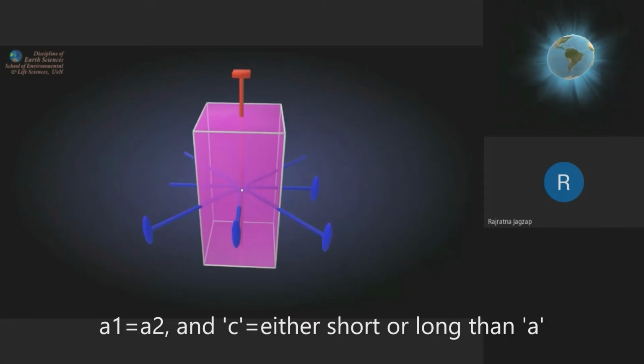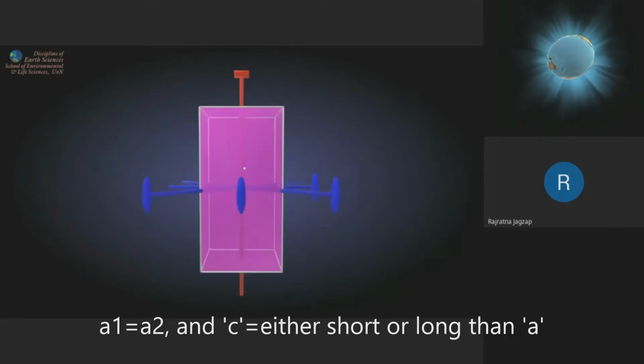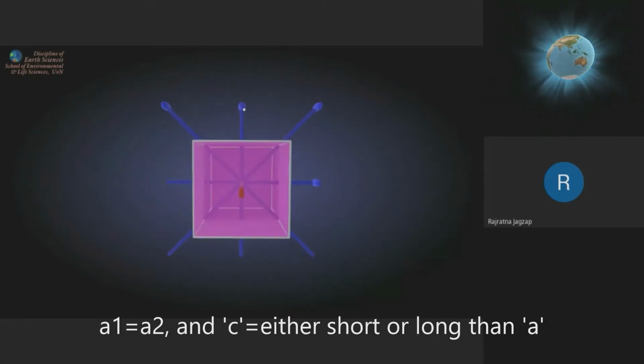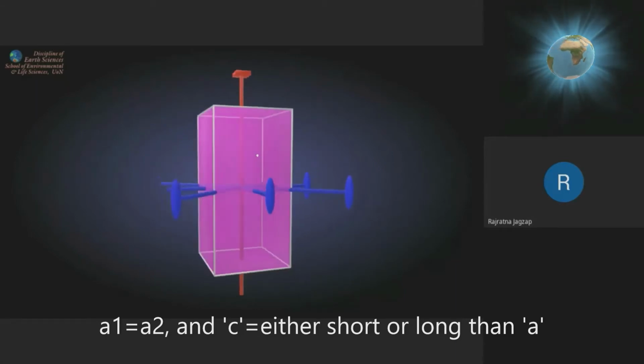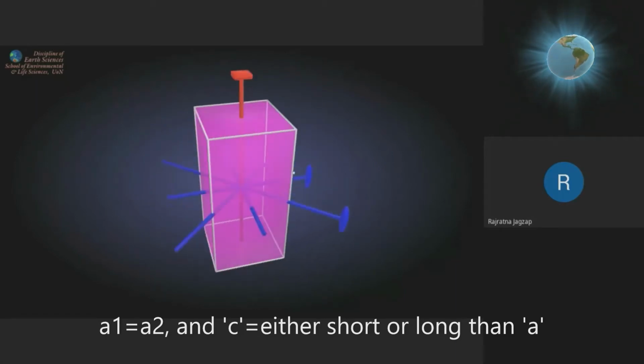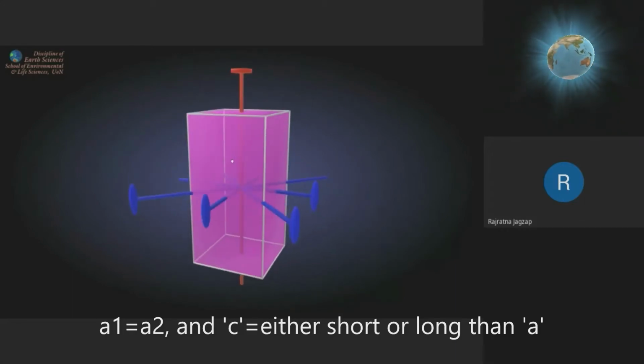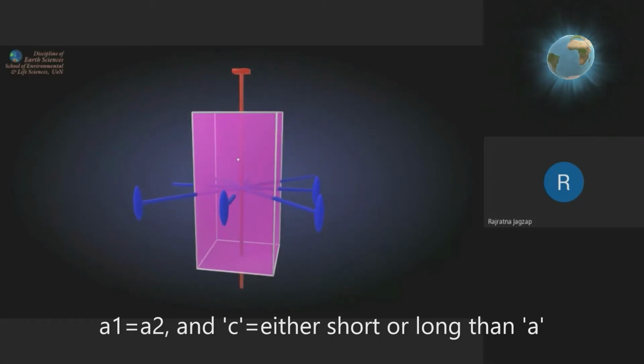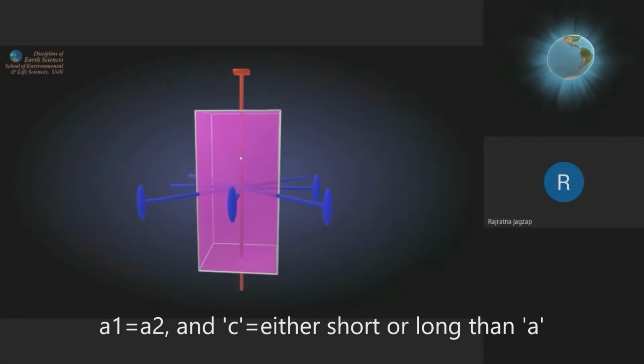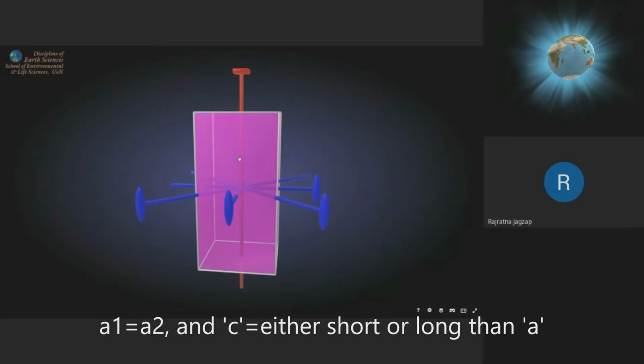This is having only 2 faces, that is top face and bottom face, square shaped, and rest of the vertical faces are rectangular. Okay, so this is the change in the appearance. We call it as form. The form of the crystal changes.